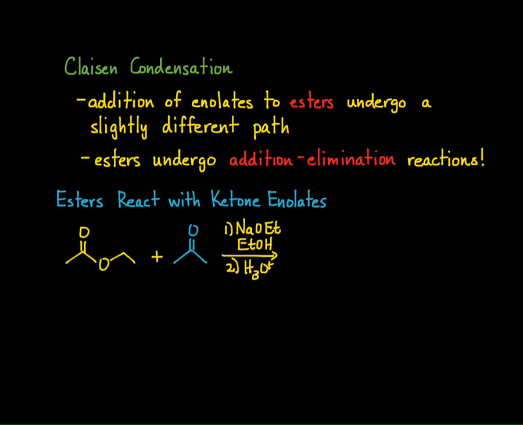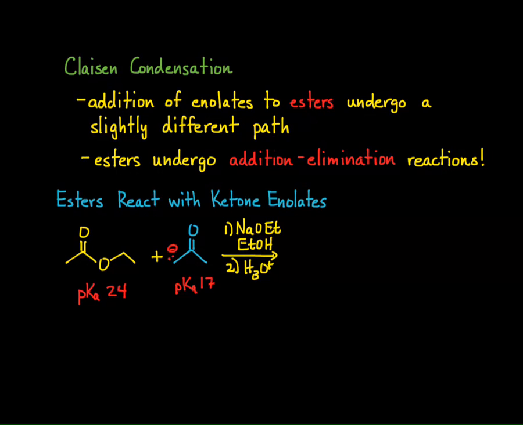But from a reactivity standpoint, we know that esters have higher pKa's than ketones and aldehydes. So ethyl acetate has a pKa of about 24 versus acetone, which has a pKa of about 17. So when I add sodium ethoxide, the first thing that's going to happen is I'm going to deprotonate acetone in this case, or my ketone in general, to form the enolate of that ketone.